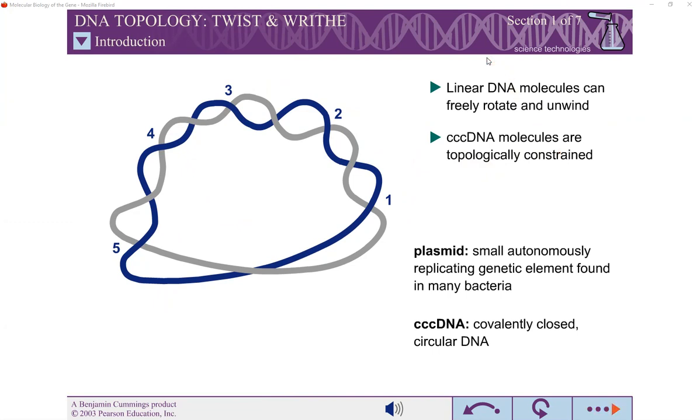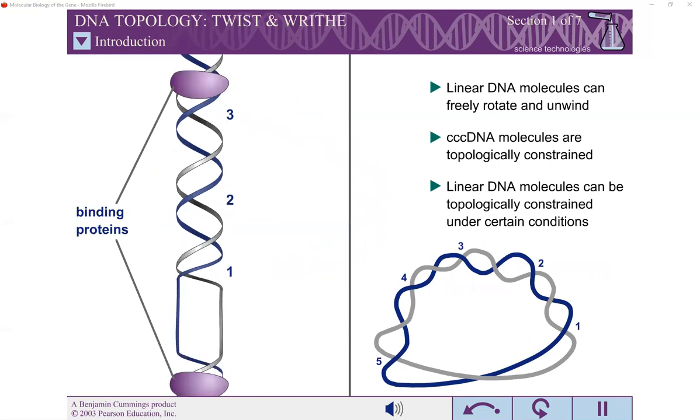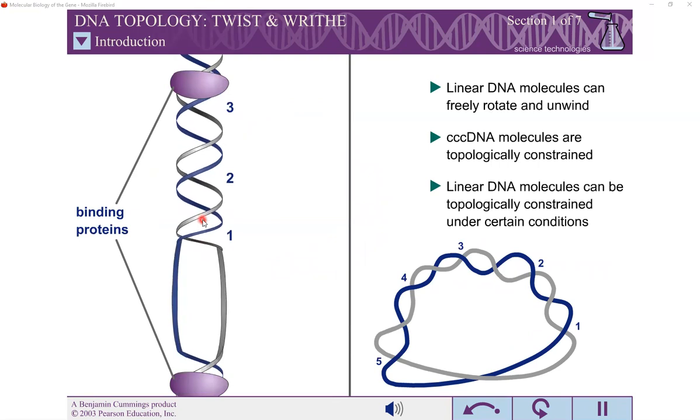Okay, moving forward, such DNA are the plasmid DNA as well as the circular genomic DNA, which is found associated with the nucleus of the eukaryotic cell. Even the linear DNA molecules of eukaryotic chromosomes can be topologically constrained because of their interactions with other cellular components.